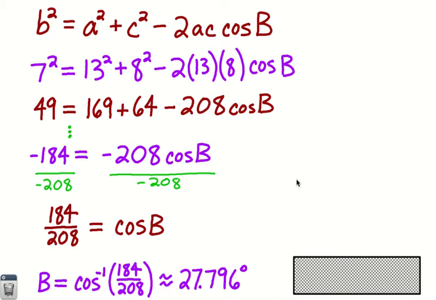Isn't it quadrant 4? So yes, technically, big B could be like some quadrant 4 angle, but think about how big the angles are in quadrant 4. You're talking between 270 degrees and 360 degrees.